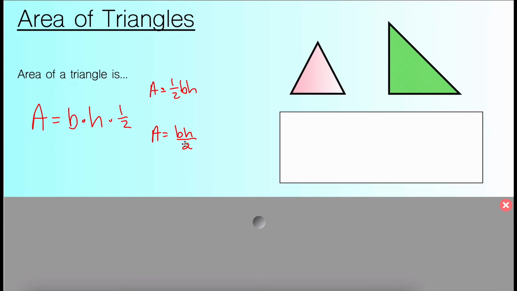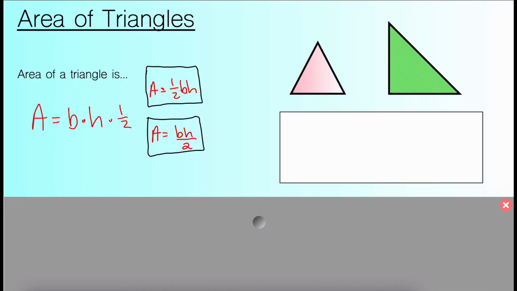When you divide something by 2, it's the same as multiplying it by 1/2. So it's personal preference. It doesn't matter to me which version of the formula you use, whatever feels more comfortable. If you want to multiply the base and the height and then multiply by 1/2, or if you want to multiply the base and the height and divide by 2, it doesn't matter to me.